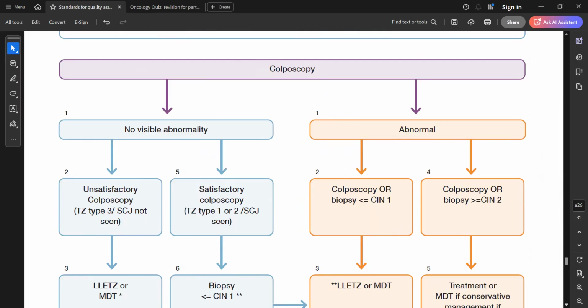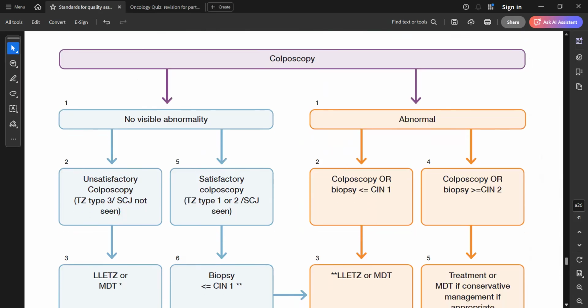If there is no visible abnormality, I cannot see a CIN impression. An impression means that by my grading system, I don't have enough points to say that this woman has CIN. So again, it's going to be according to satisfactory or unsatisfactory.